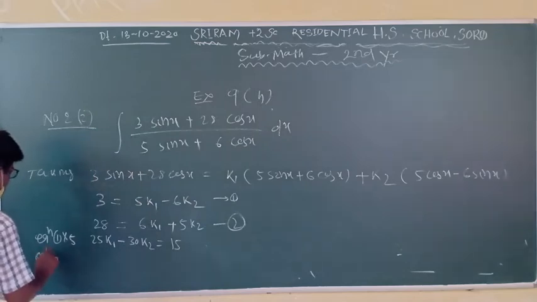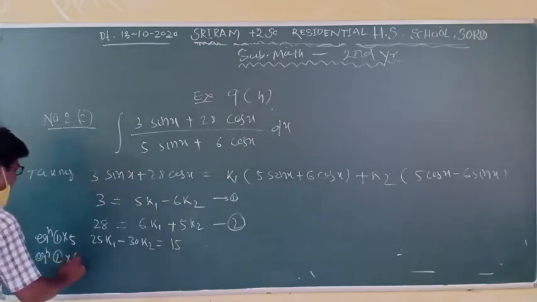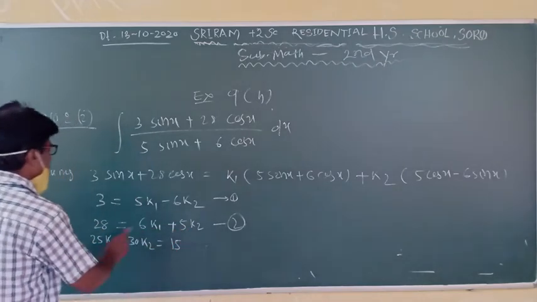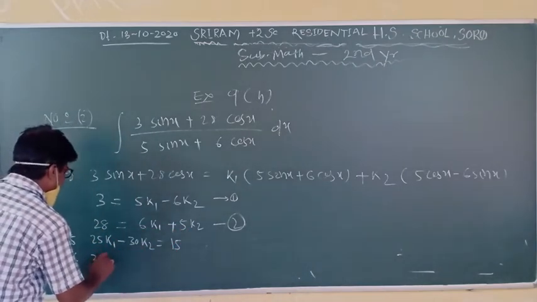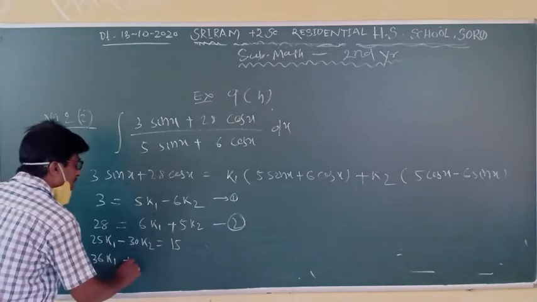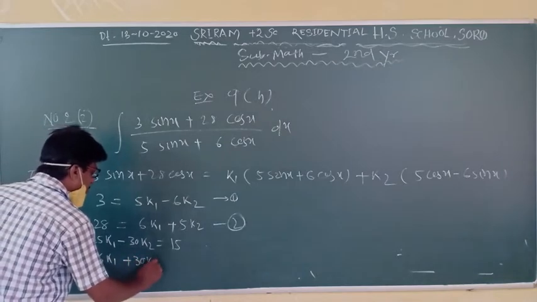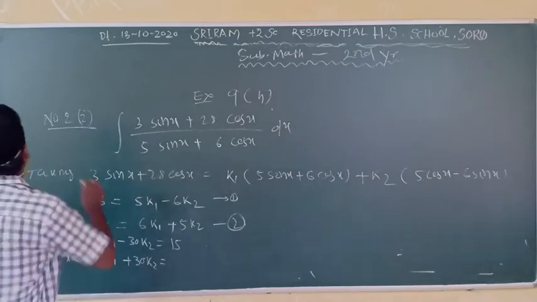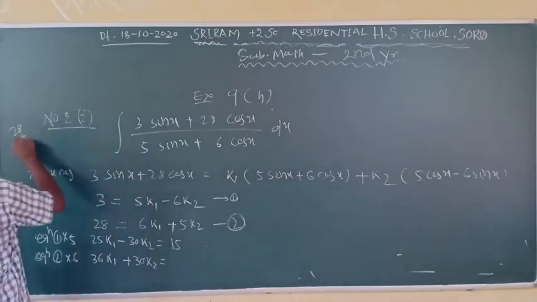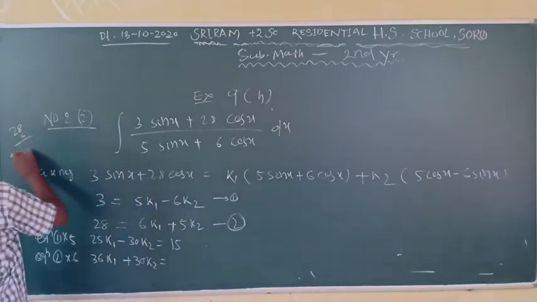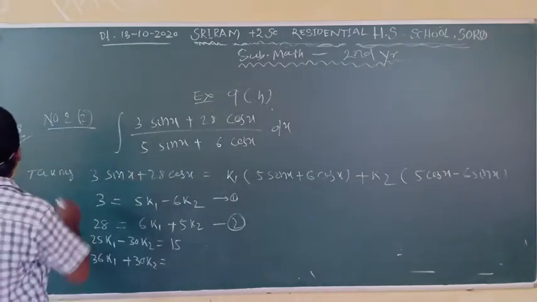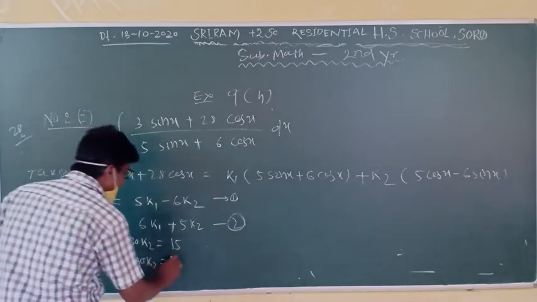Equation 2 into 6, because 6 into 6k1 is 36k1 plus 30k2 is equal to 28 into 6, and 28 into 6 is 168.